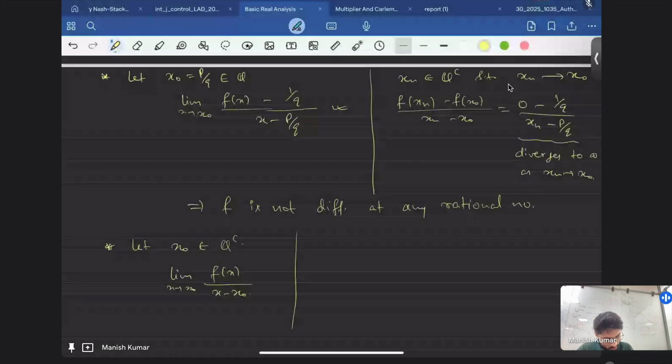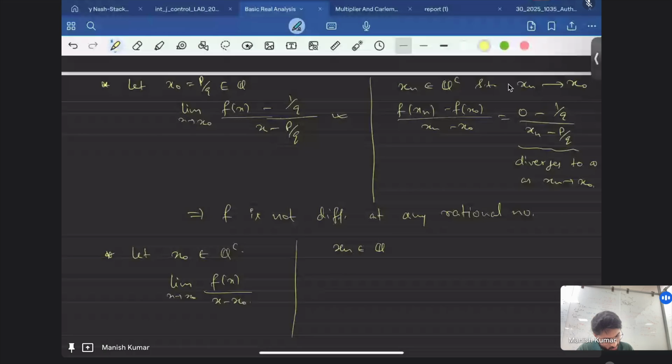If I take x_n a sequence in the rationals such that x_n converges to x naught, and say x_n is p_n by q_n, then f of x_n would be 1 by q_n, and then you have p_n by q_n minus x naught, so you have 1 by (p_n minus q_n x naught).